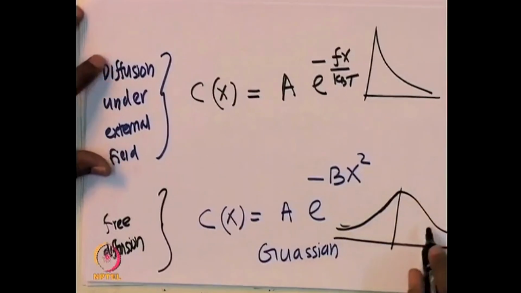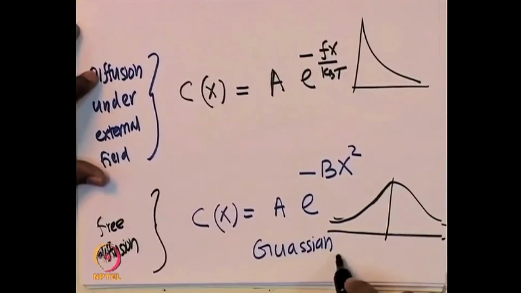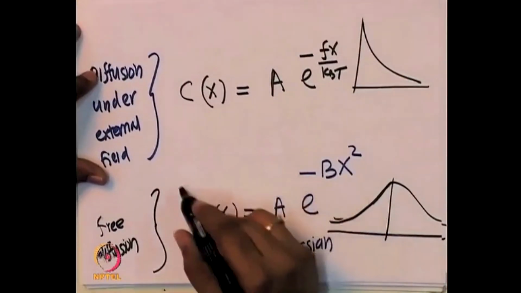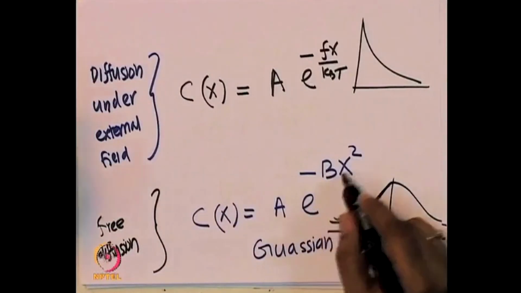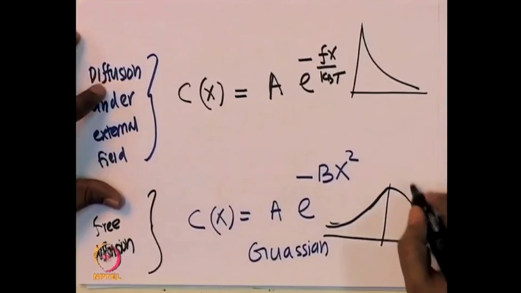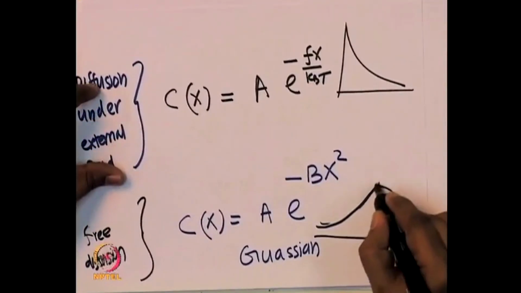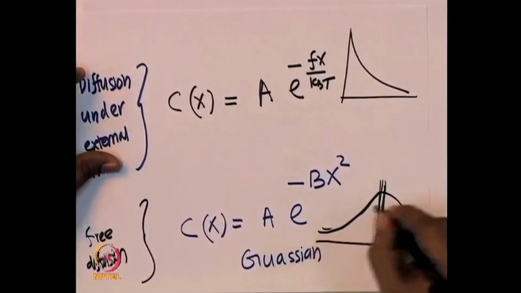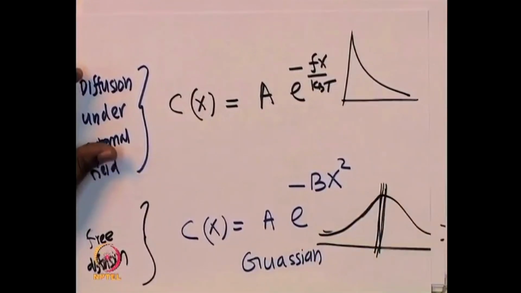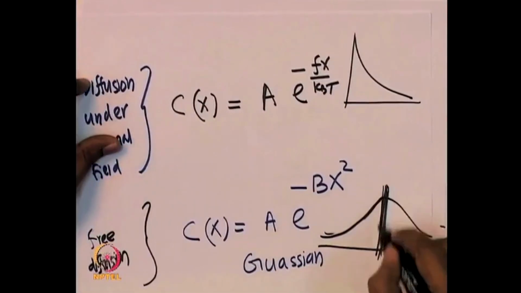I am not properly drawing it. Just go and see how the Gaussian looks if you wish, putting some values for a and b, plot it yourself and see what it looks like. It looks like a bell-shaped curve, symmetric on both sides of the x axis, nicely symmetric around the peak.